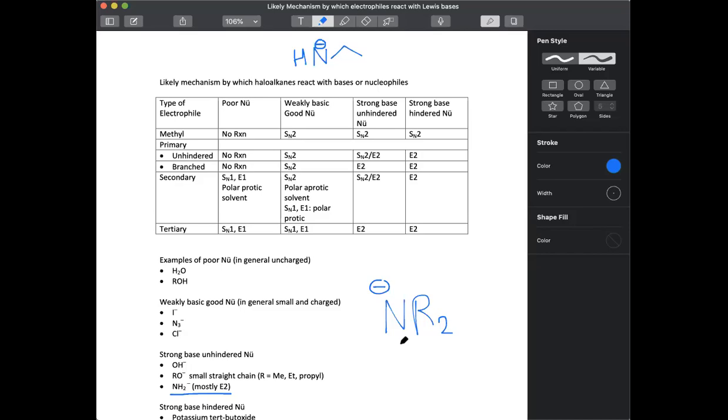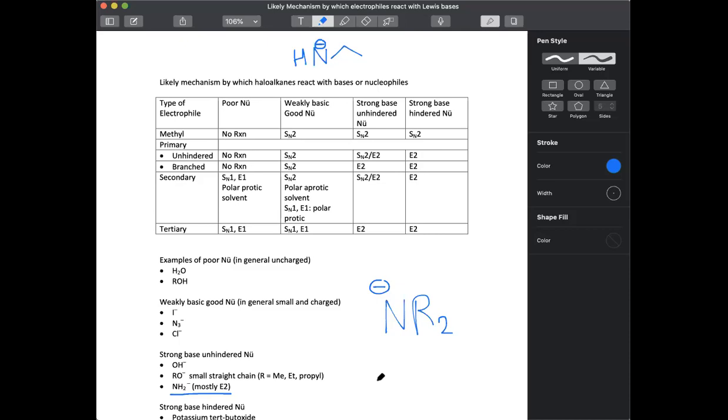So I guess that's where you draw that line. It doesn't matter if it's an amine or amide. If it's an amide, E2 all the way, only E2. If it's an amine, then you'll have SN2.